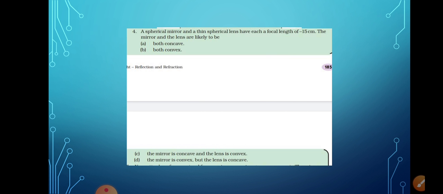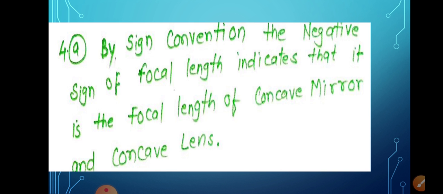So if both are minus 15, the mirror will be a concave mirror and the lens will be a concave lens. By sign convention, the negative sign of focal length indicates the focal length of a concave mirror as well as a concave lens.